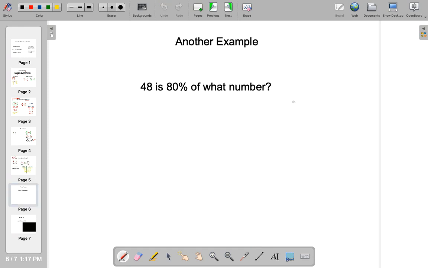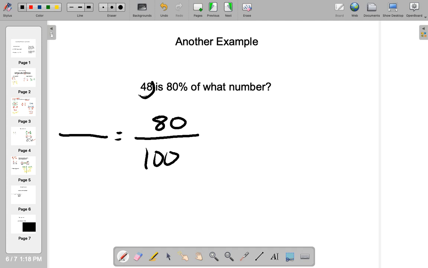Let's try another together and see how we do. Once again, I need to set up a proportion. And I know that it's always percent out of 100. In this case, it'd be 80 out of 100. And now here's the big question. Is that 48, is that the part or the whole?